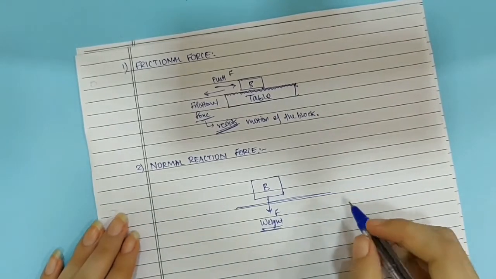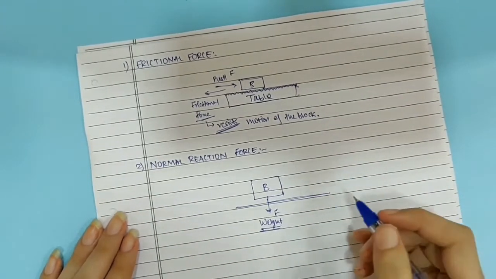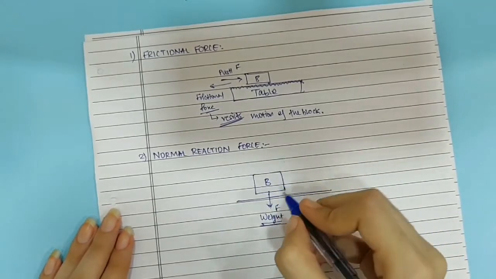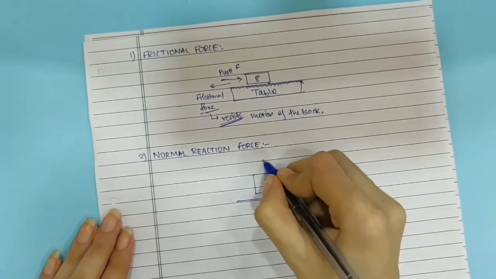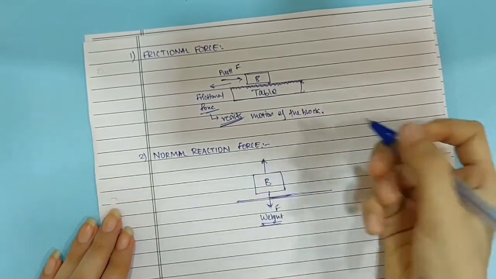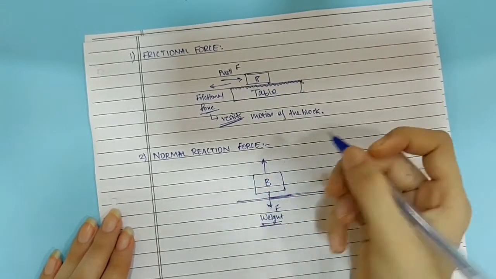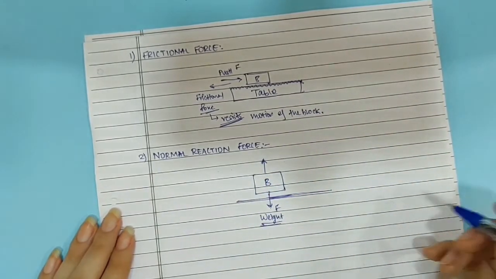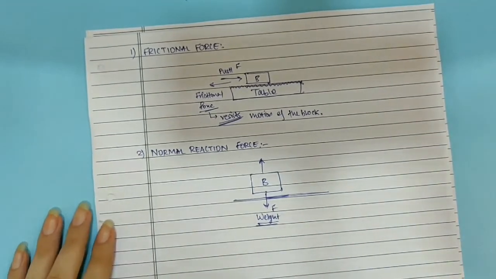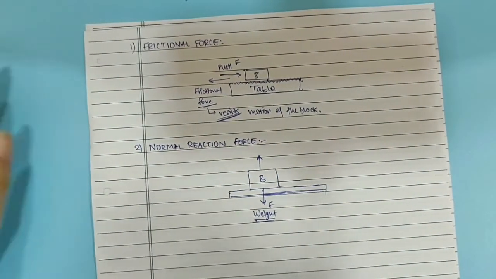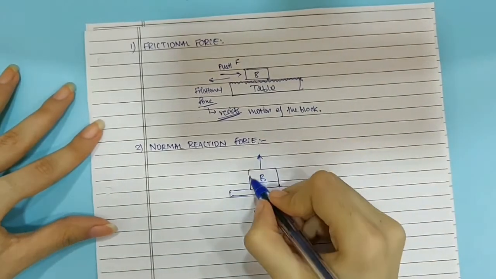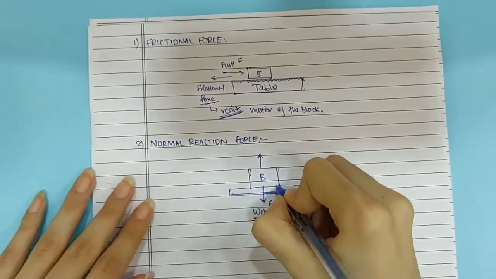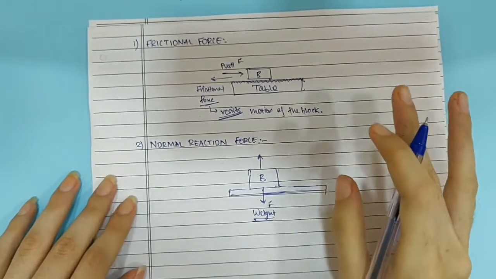But at the same time, there is an equal and opposite force which is exerted by the surface and which is normal to the surface. This particular force is known as the normal reaction force. Due to this normal reaction force, the block which is kept on the table does not move and it stays in position.